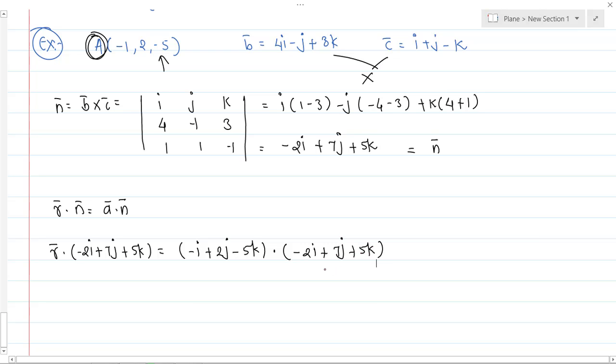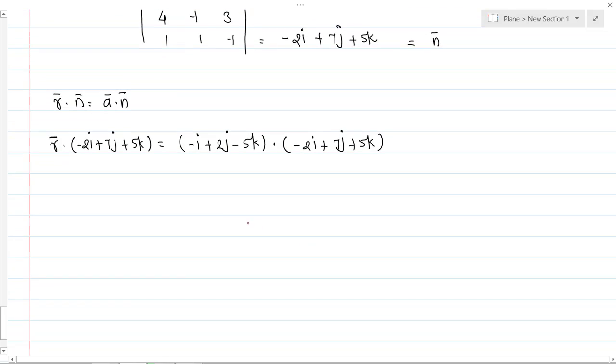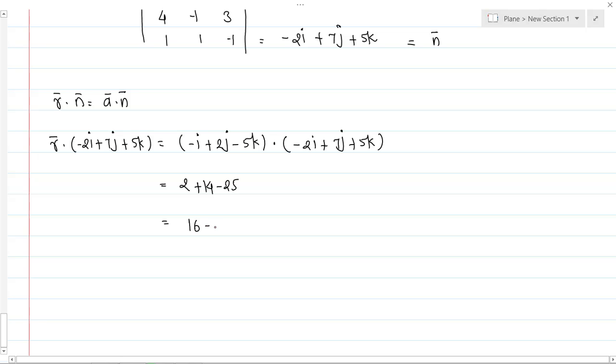Let's solve this. So what you will get, minus minus plus, so 1 into 2 becomes 2, 2 into 7 becomes 14, and it's minus 25. Okay, ये आ गया मेरा 16 minus 25 becomes minus 9.